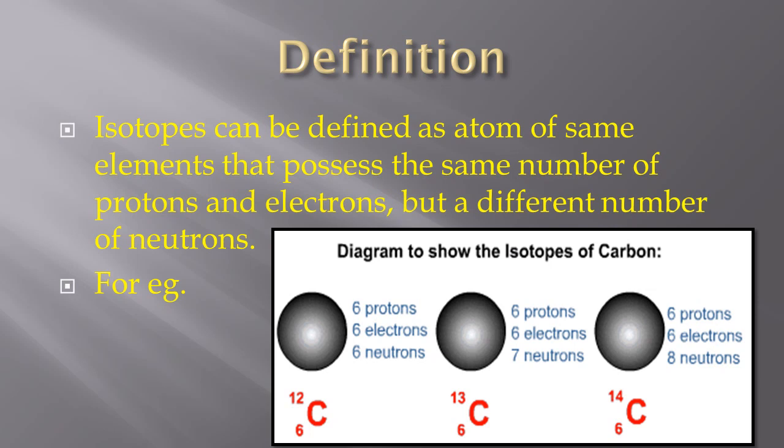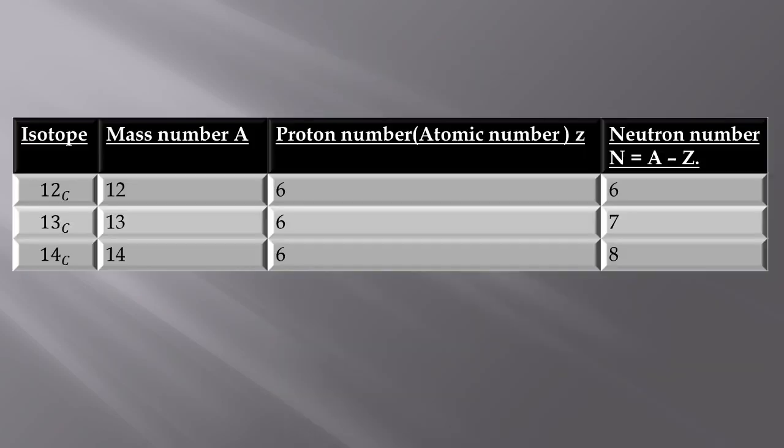So the mass number will be 14 and the proton number, Z, will be the same. Z will be the same, and mass number A will be different. See, 12, 13 and 14. This is the difference in their mass number, but you can see the proton number is the same, 6, in all 3 isotopes of carbon.